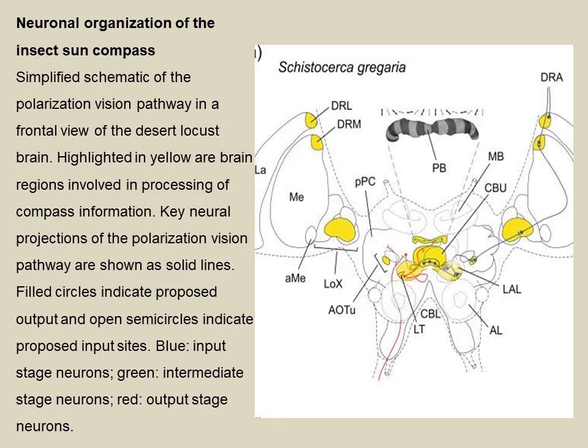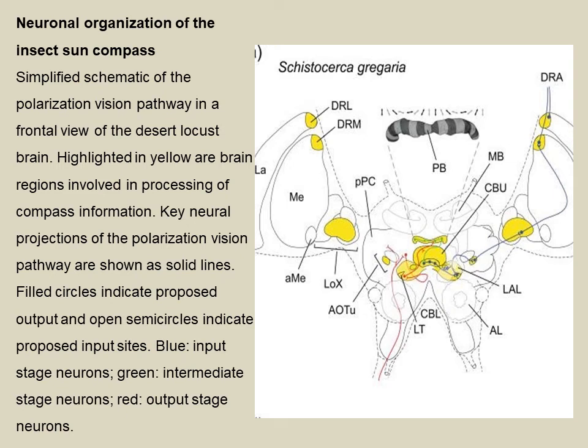So if you can see the open semicircles, they are the input sites, while the closed ones propose the output sites. Now, if you can see colored in blue, they are the input stage neurons, green the intermediate stage neurons, and the red are the output stage neurons.